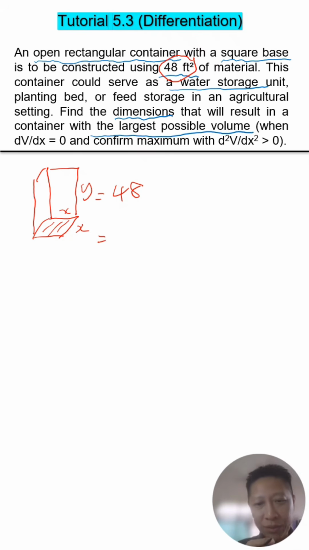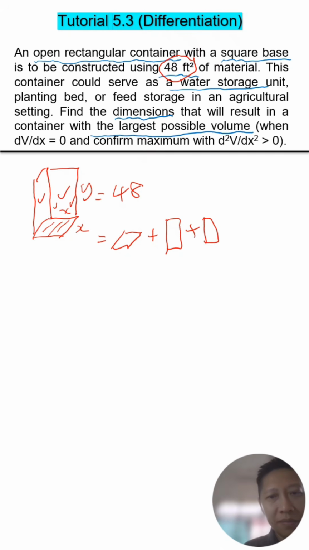When we break down this rectangular container, it is made up of 1 square plus 1 side here, 2 sides, 3 sides, and 4 sides. This square has the dimensions x and x, and each side has dimensions x and y.